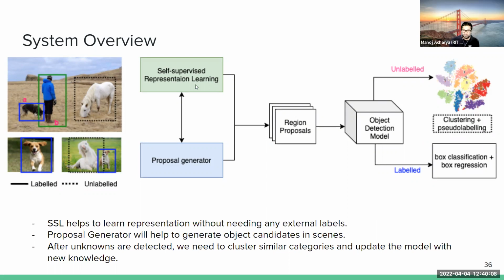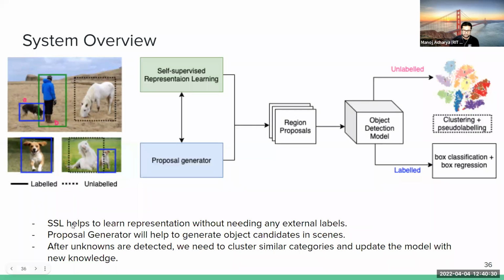That's the goal of self-supervised learning. For the proposal generator in object detection systems, we want to generate candidates which say that these portions of the image have a high chance of having objects in them.